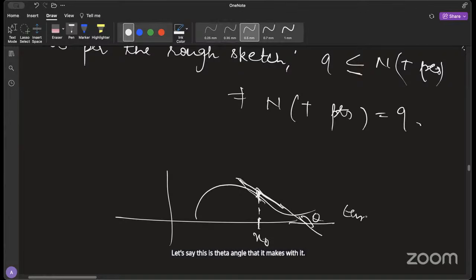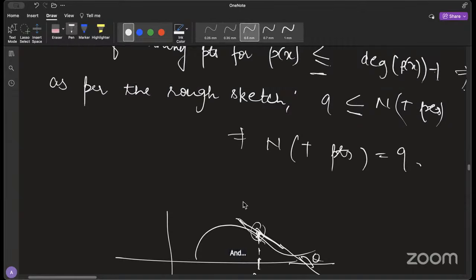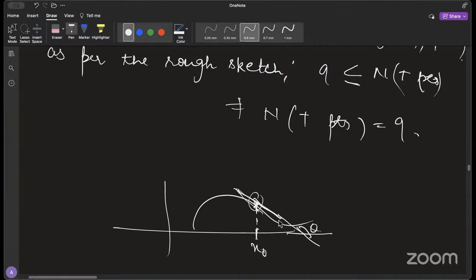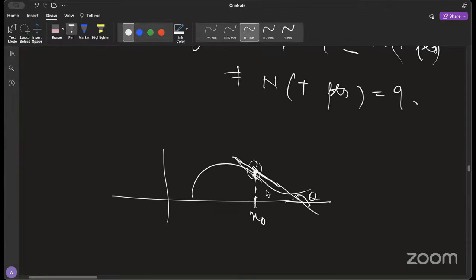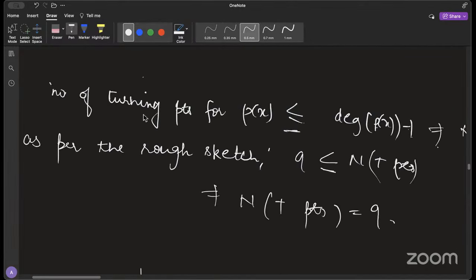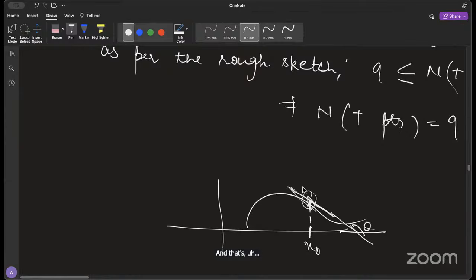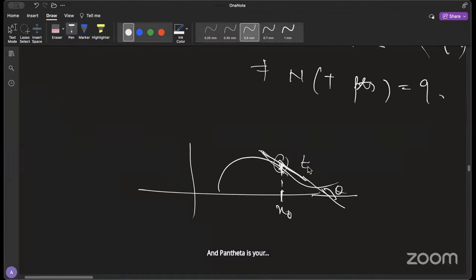So tan theta is basically the slope of this curve at this point. Tan theta is the slope.